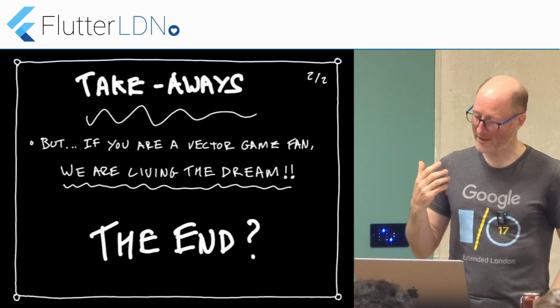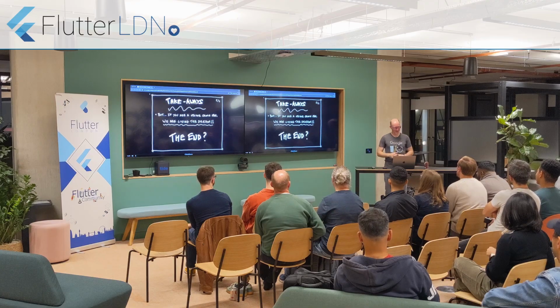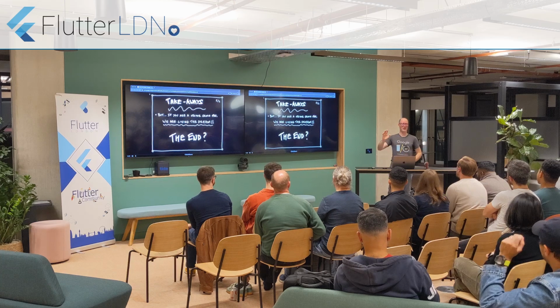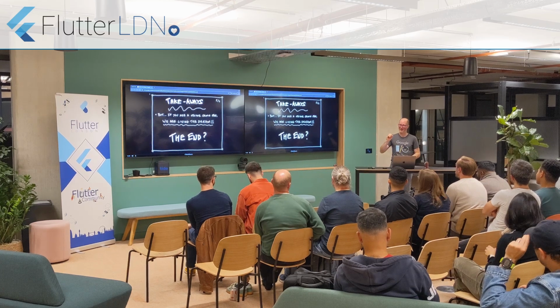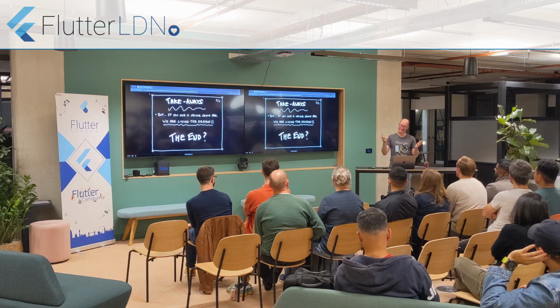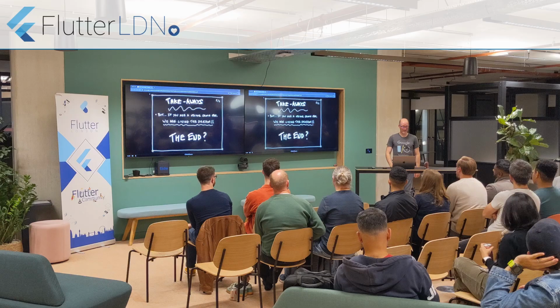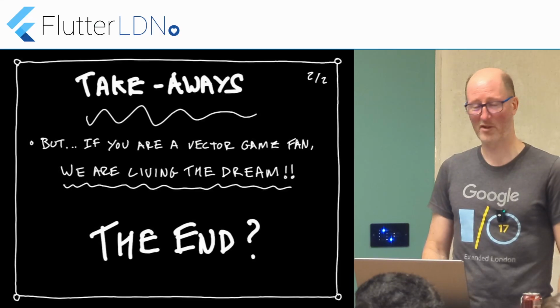But if you do like vector graphics, modern hardware is just strong. You can still live your dream and have great visuals if you like that kind of stuff. That's kind of what I wanted to say.